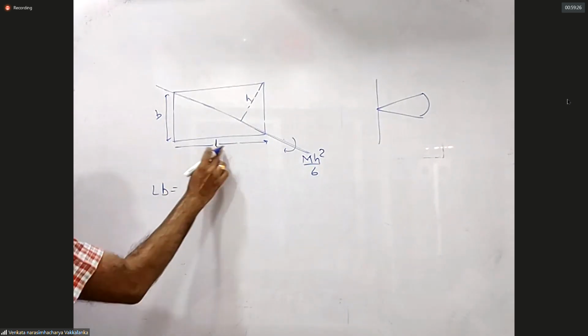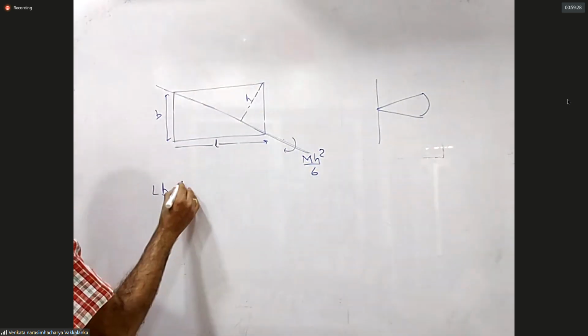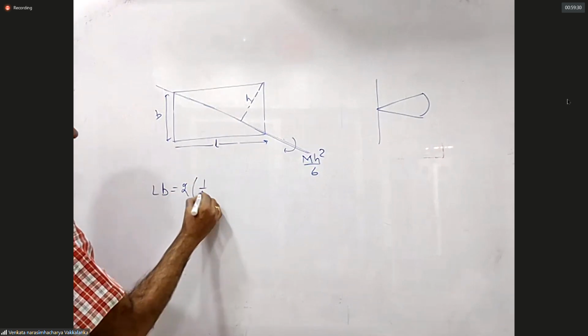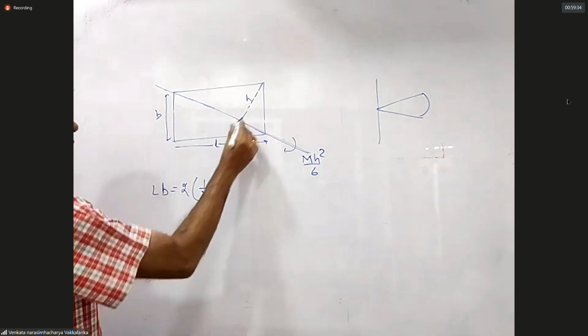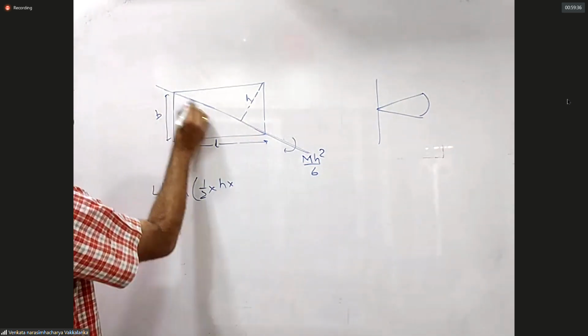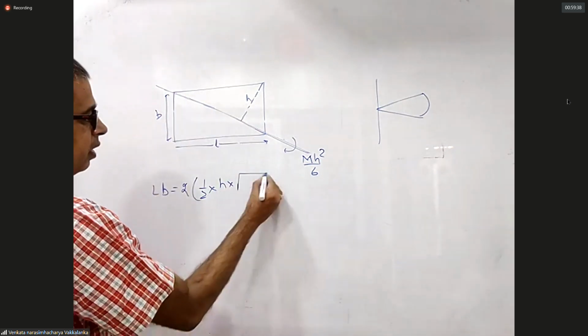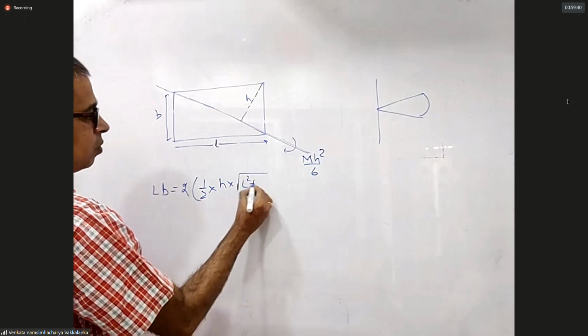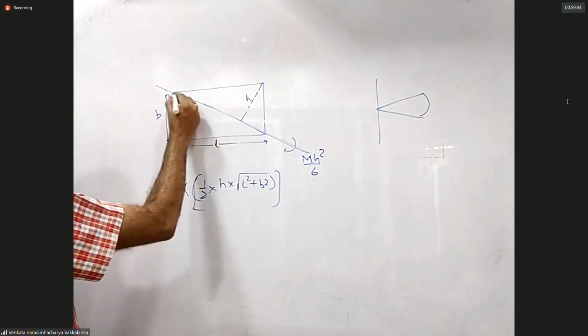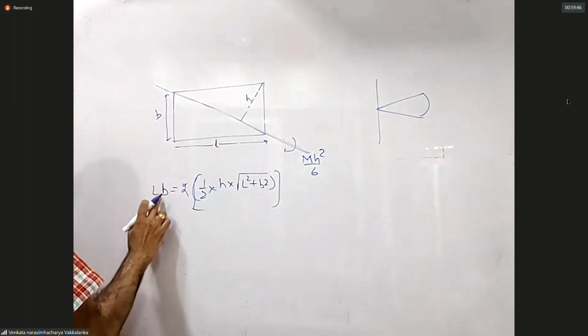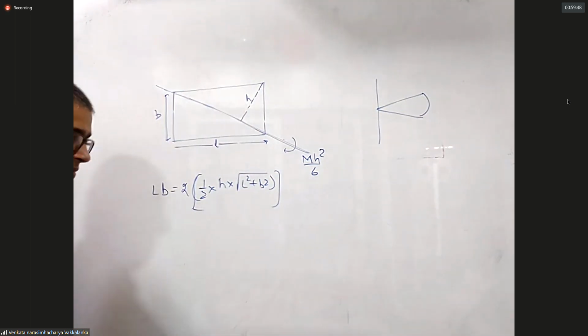L into B is the area of the rectangle, which will be 2 times half into base into height. What will this base be? Under root L square plus B square. This is the area of this triangle. 2 times that should be length into breadth.